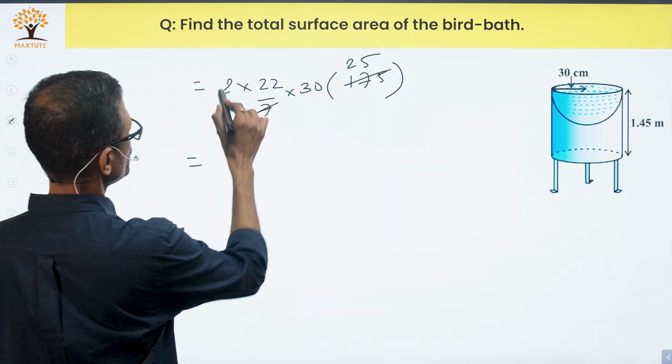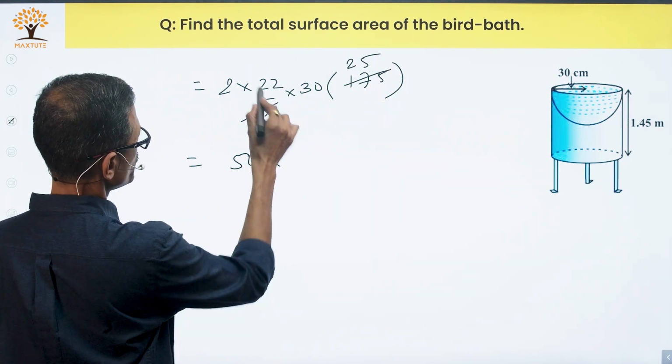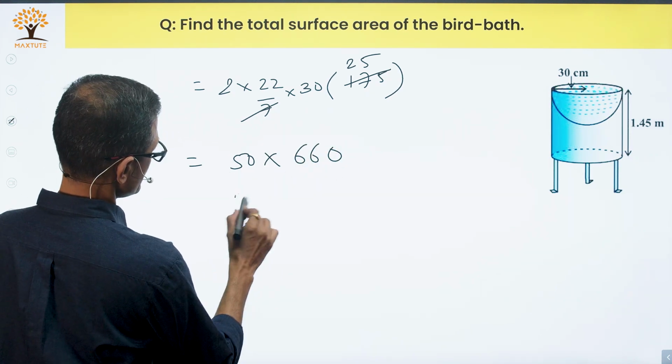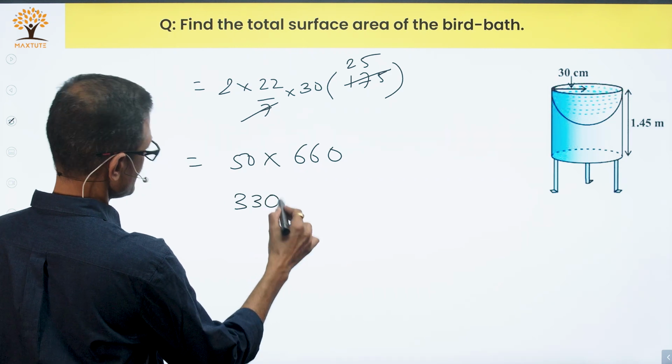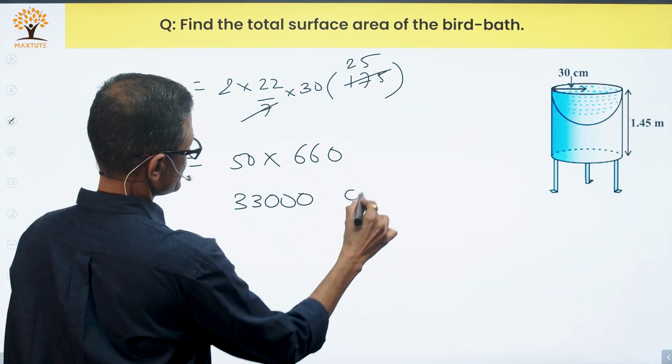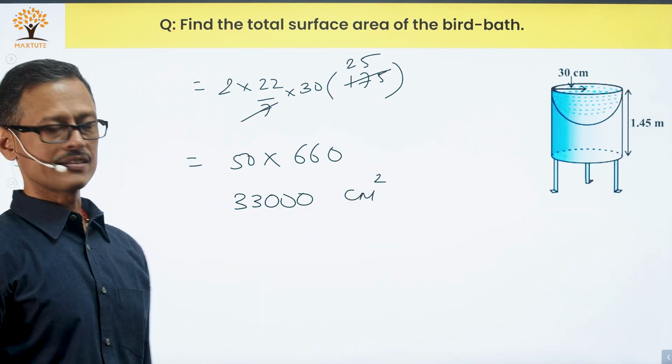So this is 2 into 25 is 50, into 22 into 3, which is equal to 660, into 5, another 0, 33,000 centimeter square is what we have as the answer, right?